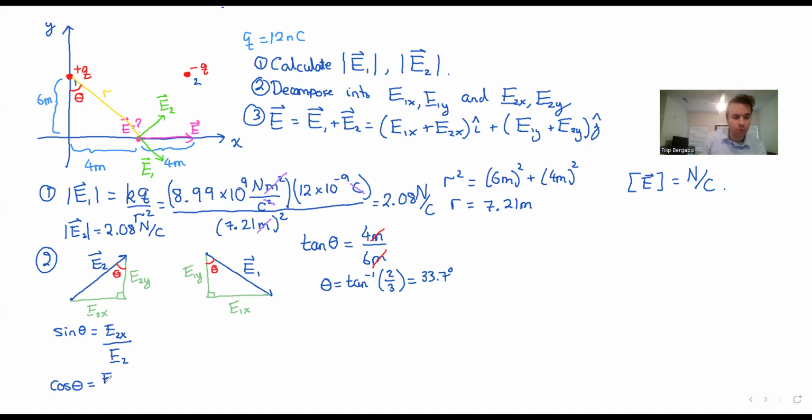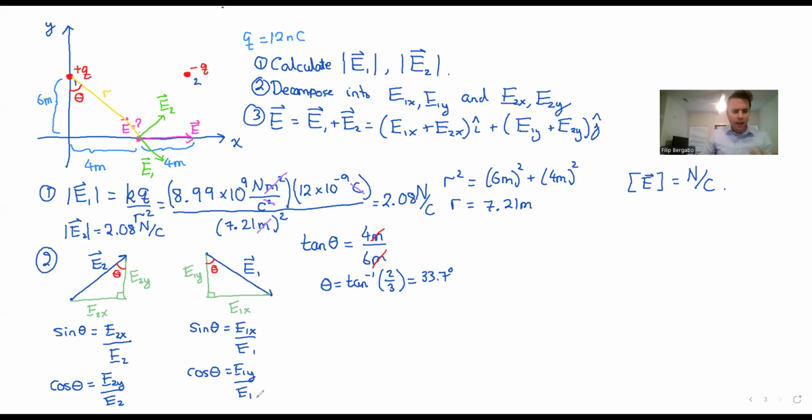So this is now E2y over E2, because E2y, if you look in the triangle, is adjacent to that red angle theta. And doing the same thing for the E1 triangle, what we get is that sine theta is E1x over E1, and cosine theta is E1y over E1.